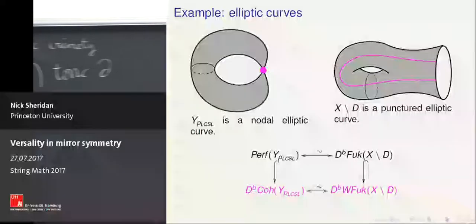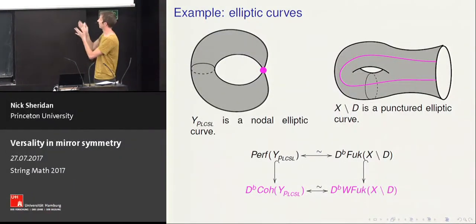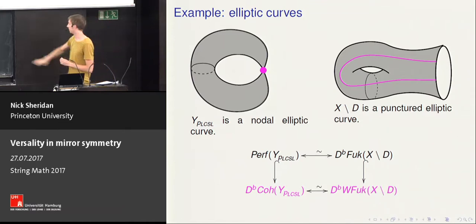And this is another case where we can study homological mirror symmetry via these kinds of ideas, and the results I'm going to talk about are really adapted to work in this generality.